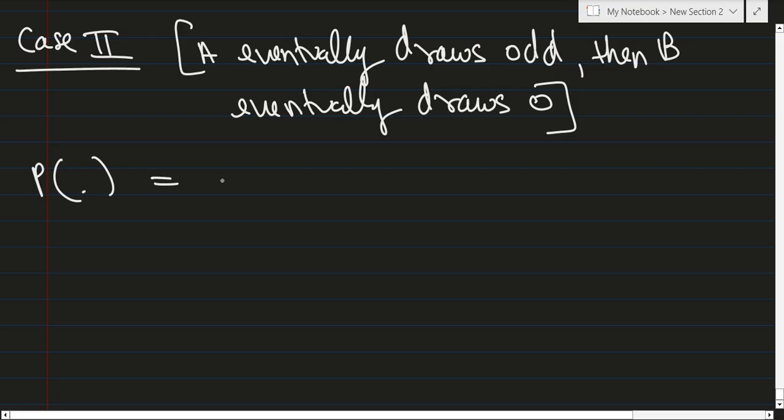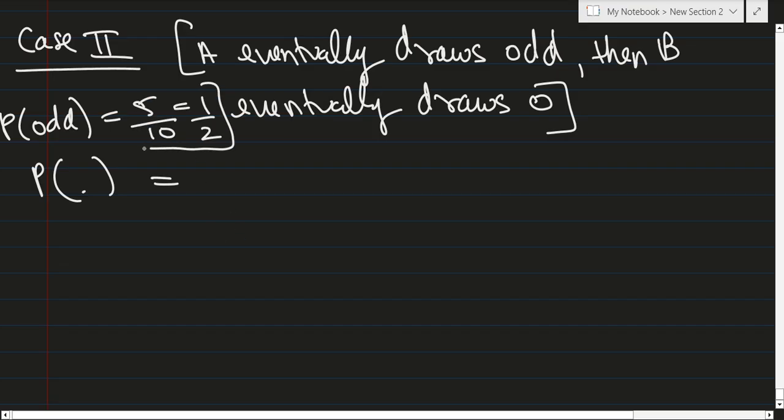The probability of odd would be 1, 3, 5, 7, and 9, that is 5 by 10, that is 1 by 2. So A can draw an odd number in the first attempt itself.